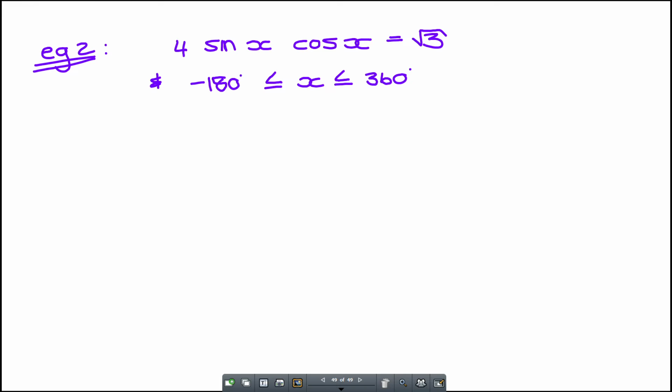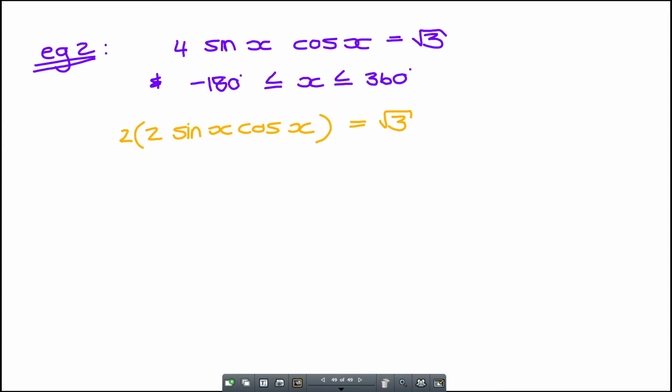I can take the 4 over, then sin x cos x would be square root 3 over 4. But then what? Still stuck. Or it's the same as saying 2 times 2 sin x cos x. Well done.